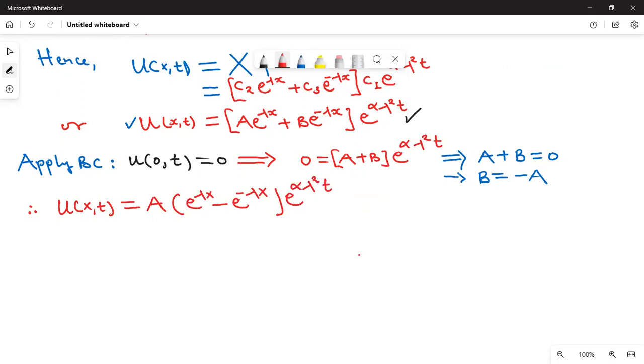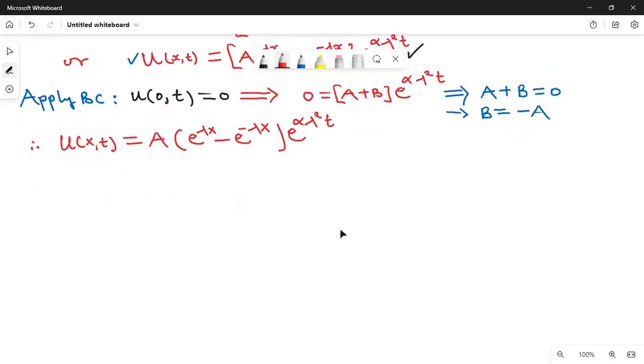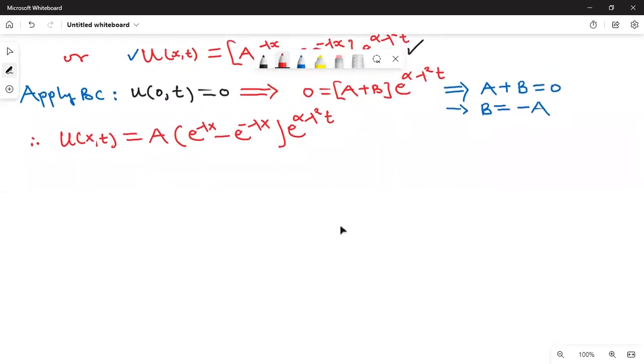We have another boundary condition to apply. Let's apply the second boundary condition. Another boundary condition is when x is equal to L. So it is U of LT, that should be equal to 0.